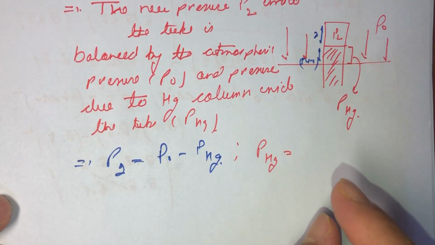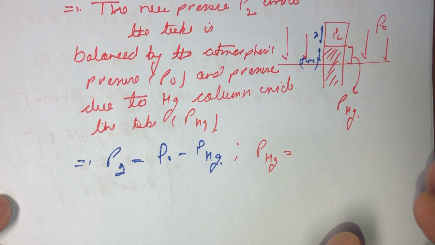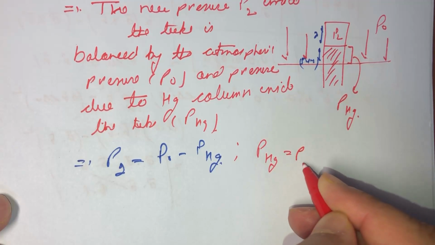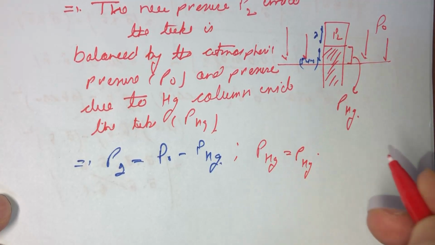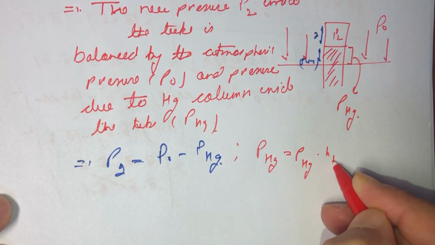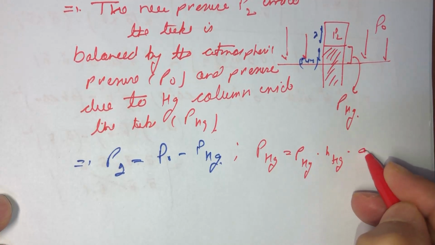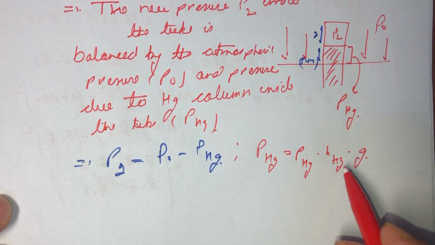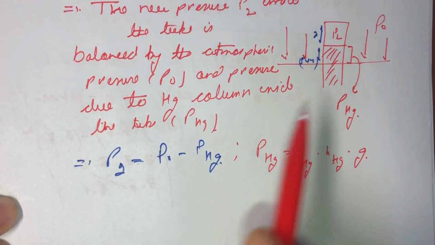There is a standard formula that pressure due to a liquid column is given as rho Hg. So this will be rho, density of the mercury, H, height of the mercury, and there will be G. And height of the mercury inside the tube is 54 minus x.